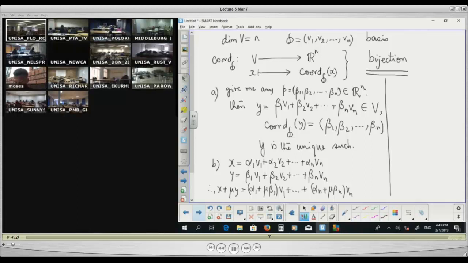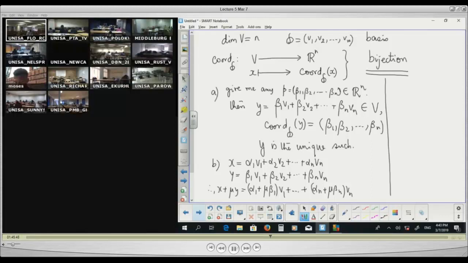So, for example, when we took this vector space, remember, your addition was multiplication and scalar multiplication was defined by x to the power lambda, right?